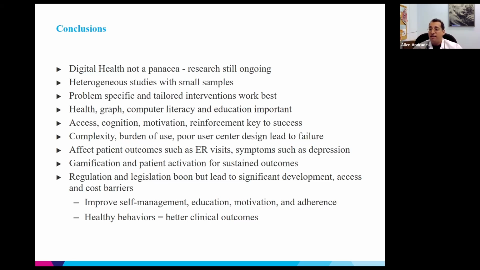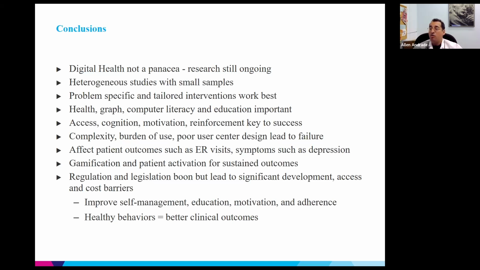The more complex, the more difficult, the more buttons, the more complicated the interface is, it leads to failure or frustration. These technologies can positively affect ER visits, symptoms such as mood, depression.